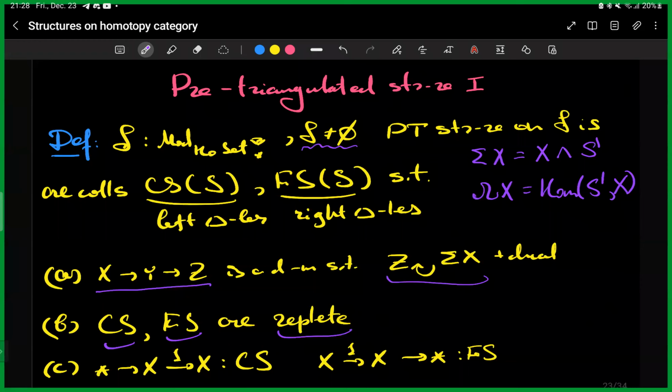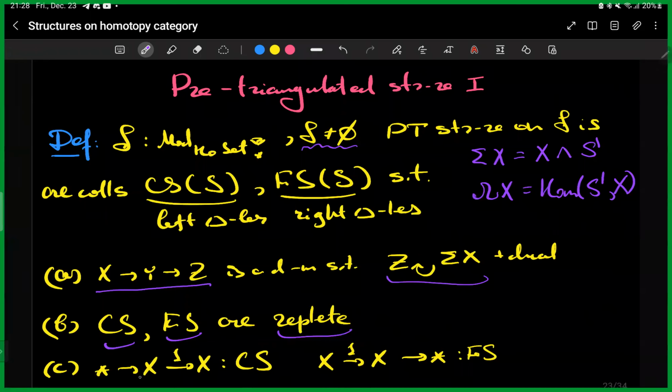So if we have such an isomorphism of sequences, and one of the sequences is a cofiber sequence or fiber sequence, then the other one is too. So that basically means that cofiber sequences form a replete subcategory of all possible sequences. And by sequence, I mean a three-term diagram, I guess, to make everything better with action or coaction.